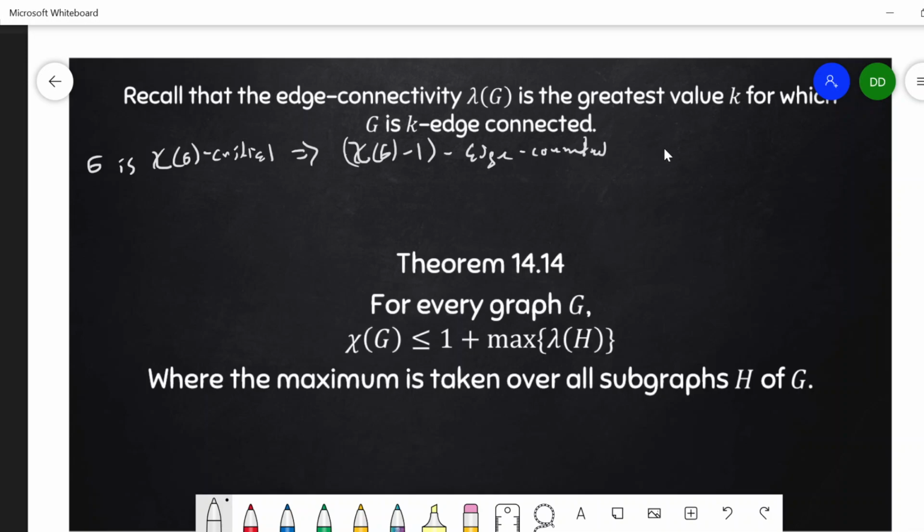And the edge connectivity is at least that. So the edge connectivity lambda of G is at least chi of G minus 1. And so this gives me an upper bound: chi of G is at most the edge connectivity of G plus 1. So there's a nice upper bound for the chromatic number of a graph.